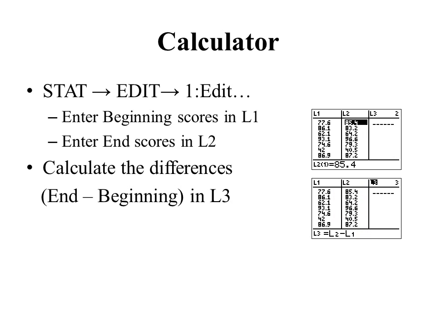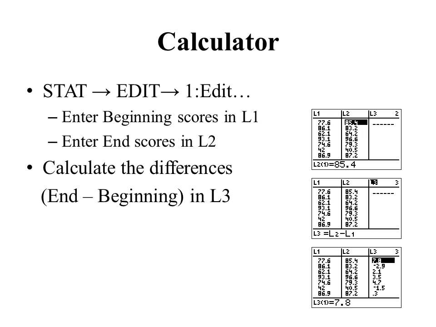So you can select L2 by pressing second 2, and then L1 is second 1. So you do L2 minus L1, and then you hit enter. And when you do that, it will calculate the differences for each student. And so here's our differences. And so now we're going to use this sample of differences in our t-test.